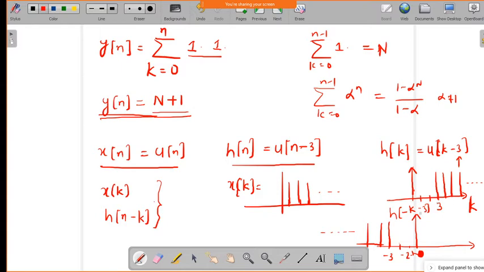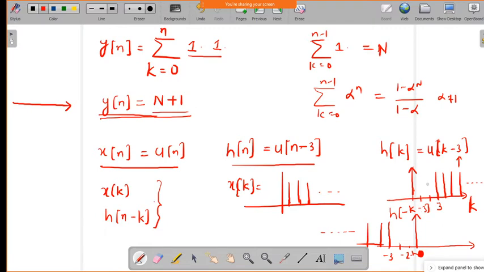So now we need to find out what is n minus k. For this one we need to compute what is h of n minus k. Now I shift the value by n unit, so that is minus k minus 3.